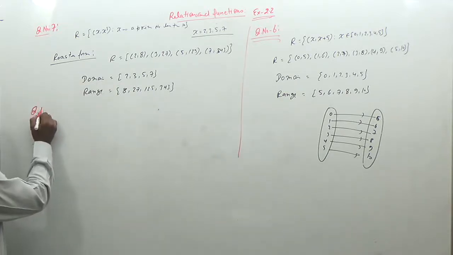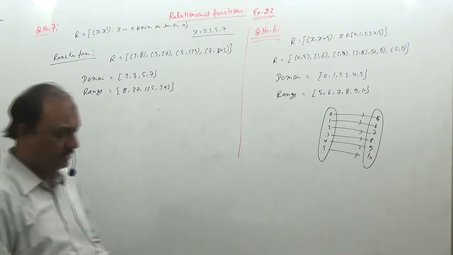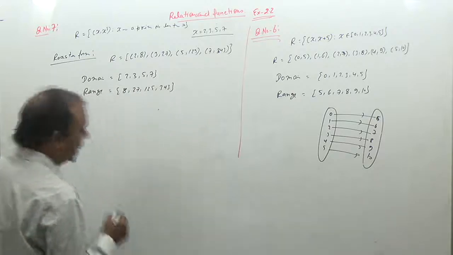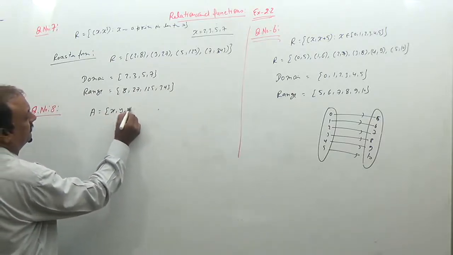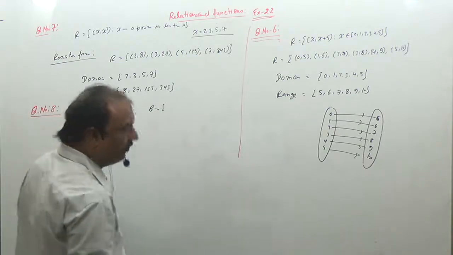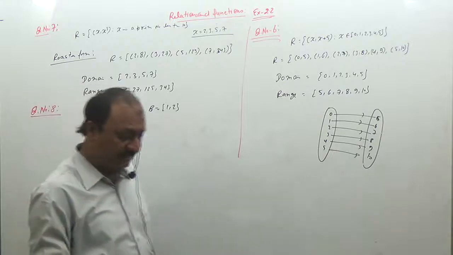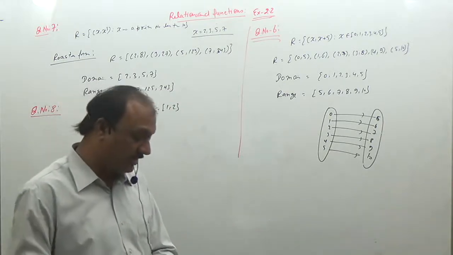Next is question 8, in which let A be the set of x, y, z, and B be the set of elements 1 and 2. So there are two given sets, set A and set B. Set A contains x, y, z, and set B contains 1 and 2.